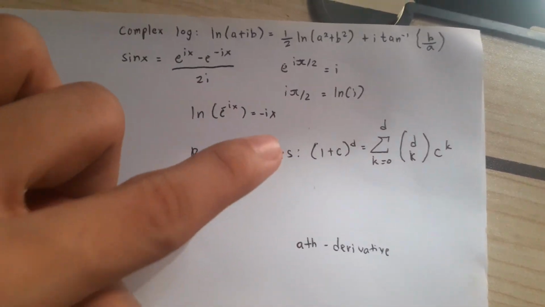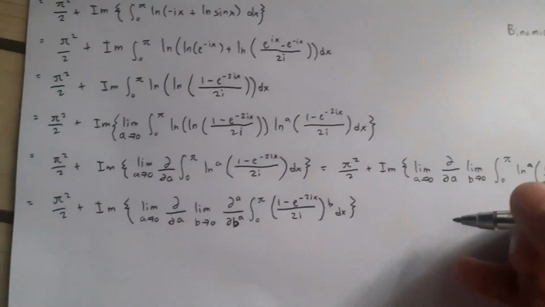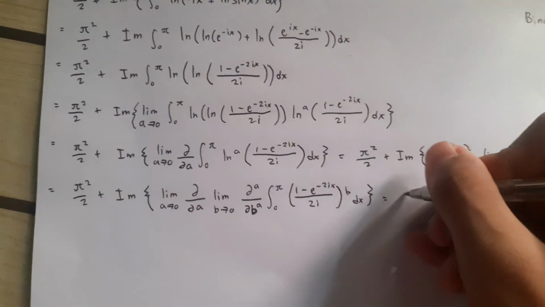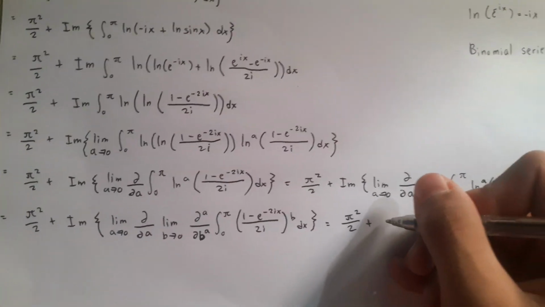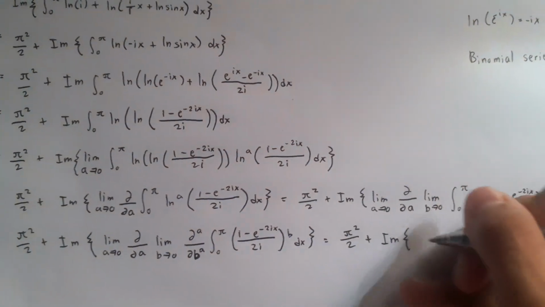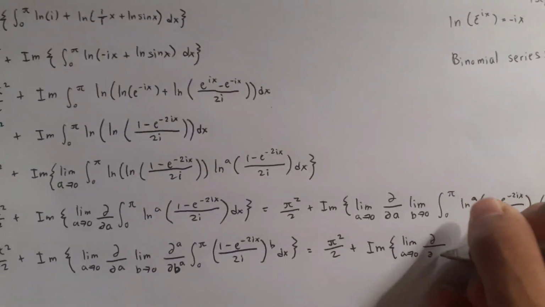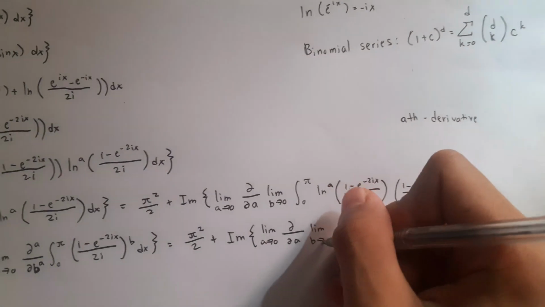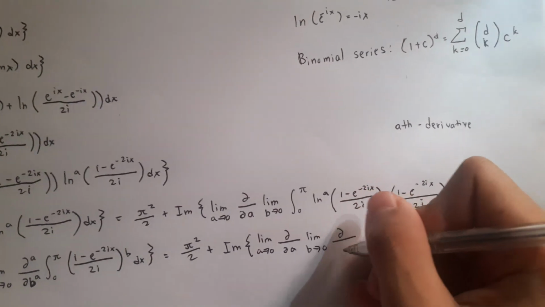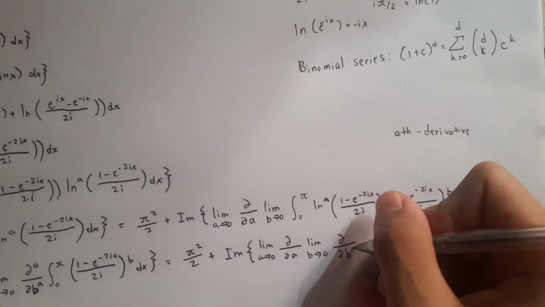Using this formula for this function here, we now have pi squared over 2 plus the imaginary part of the limit as a approaches 0 of the partial derivative with respect to a, and the limit as b approaches 0 of the derivative of b to the a order.